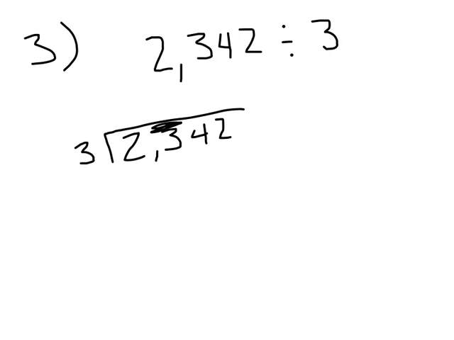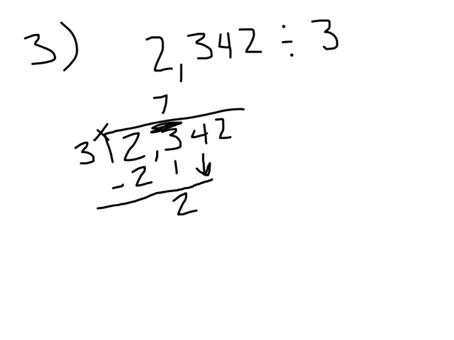How many times does 3 go into 23? If I split 23 hundreds into 3 groups, how many will be in each group? 7. What's 7 times 3? It's 21. When I subtract, what's 23 minus 21? It's 2. I have 2 hundreds left over.